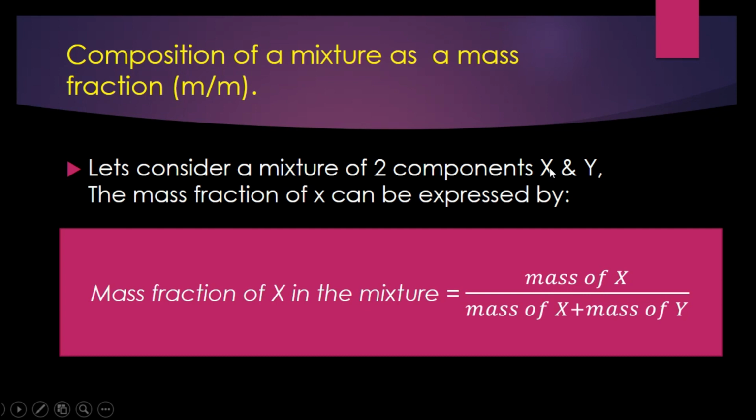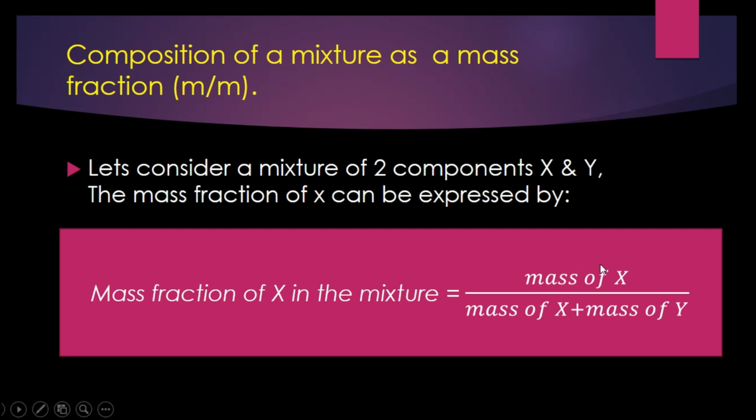In this, now somebody is asking me to find the mass fraction of x. Mass fraction of x means what fraction of x is in the particular solution. How can I find it? This is the equation. Mass fraction of x in the mixture equals mass of x over mass of x plus mass of y.